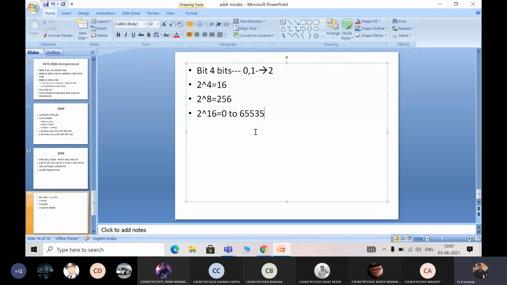In the similar way, if you have a 32-bit machine, you will have 2 power 32. So, in the same way, what is the data size of the 8086 microprocessor?